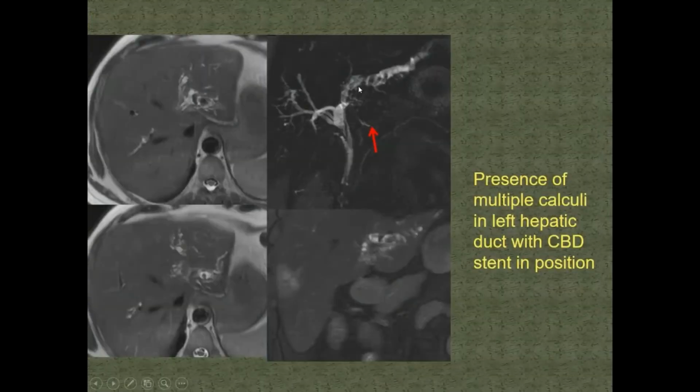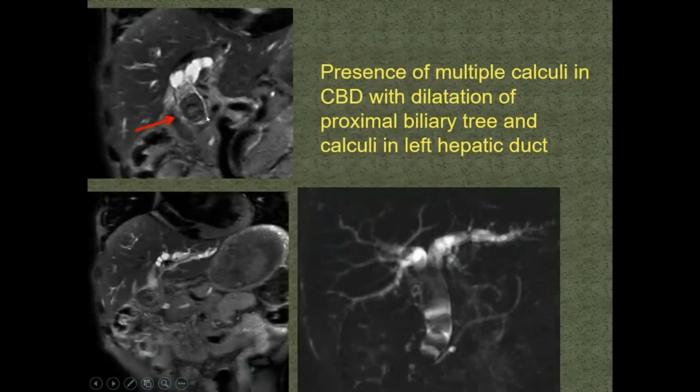Multiple calculi in the left hepatic duct, which is grossly dilated, and there is also a CBD stent in place because of the previous CBD calculus. This again shows multiple calculi in the CBD with a dilated biliary tract and multiple calculi in the dilated left hepatic ducts. So these are the cases of recurrent pyogenic cholangitis.